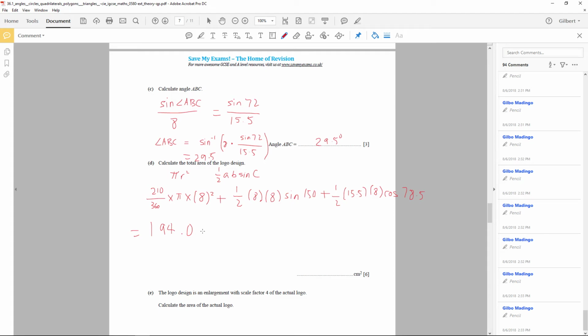Correct. There's three significant figures. Square centimeters. Okay. 194.0. Or you could just give your longer value 194.04.